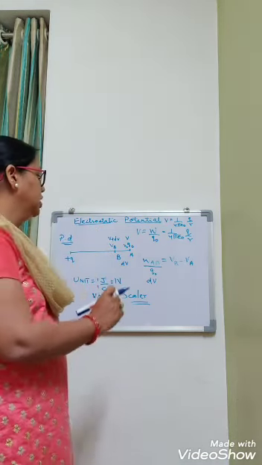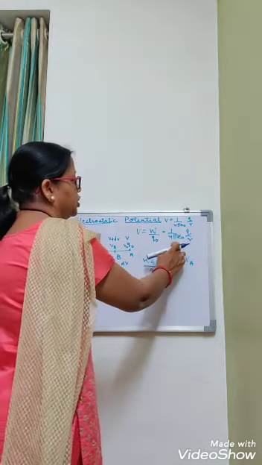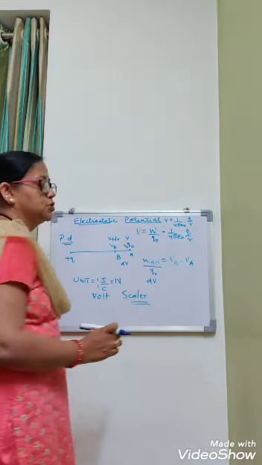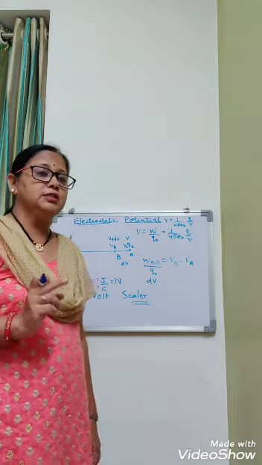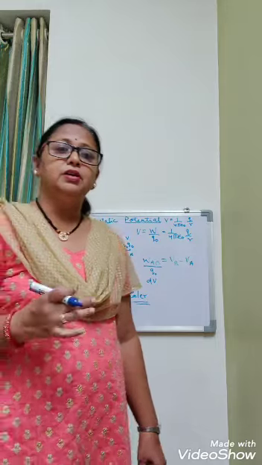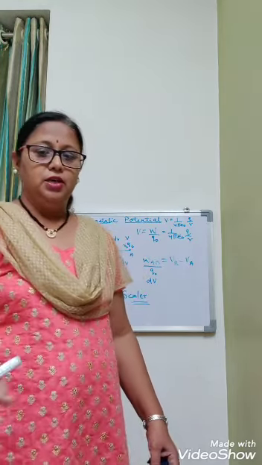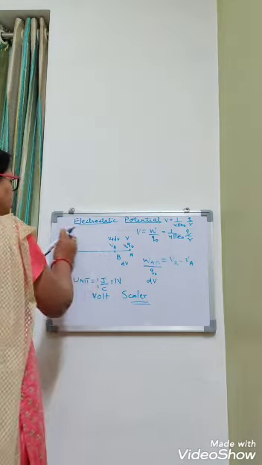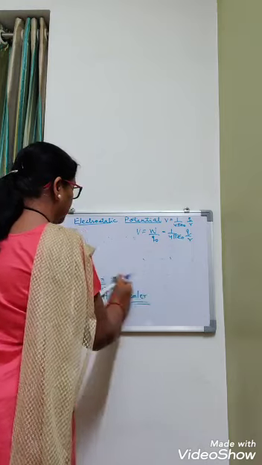So this is the potential due to a given charge, 1 by 4 pi epsilon naught Q by R, where Q is the source charge and R is the distance from the source charge. This is for a single charge. If we have, say, number of charges, then how to find the potential? So let us consider that case for more than 2 charges or say number of charges.